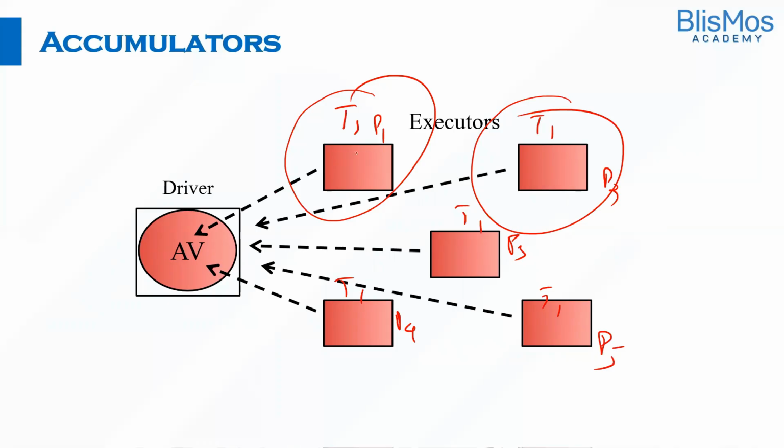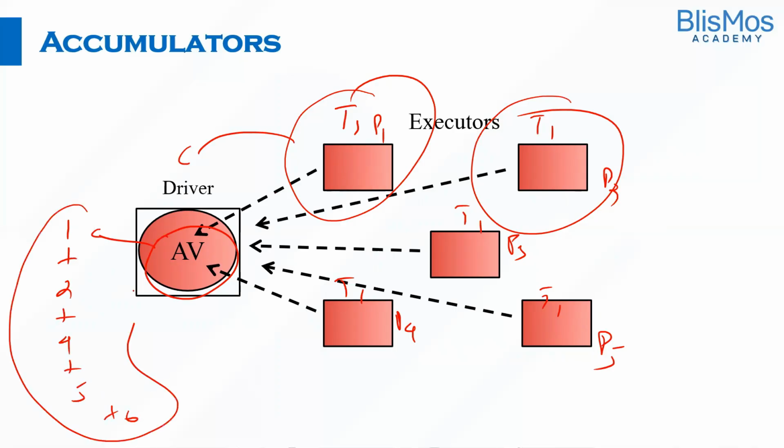So instead of sending the results to the driver, the results will be sent to the accumulator variable. So the result from this plus 2 plus 4 plus 5 plus 6, like this it will be added, and we'll get a final result from the accumulator variable.